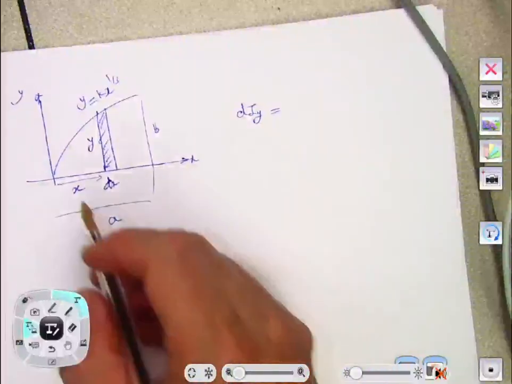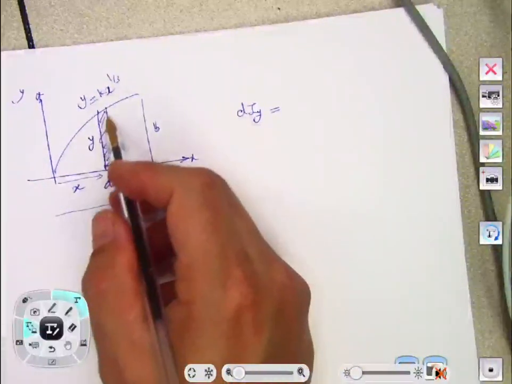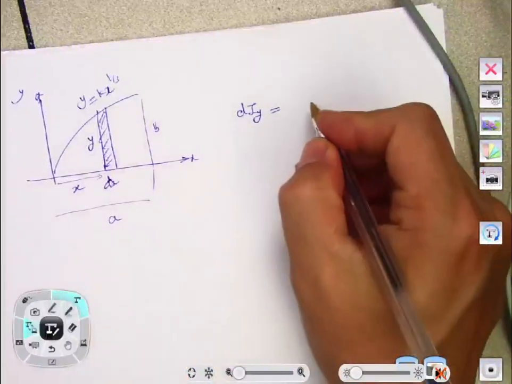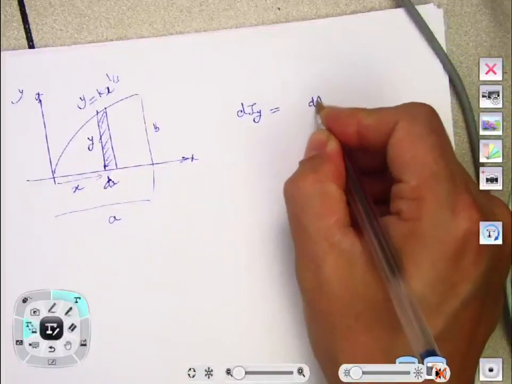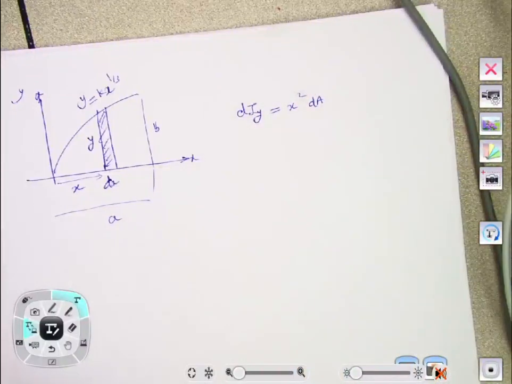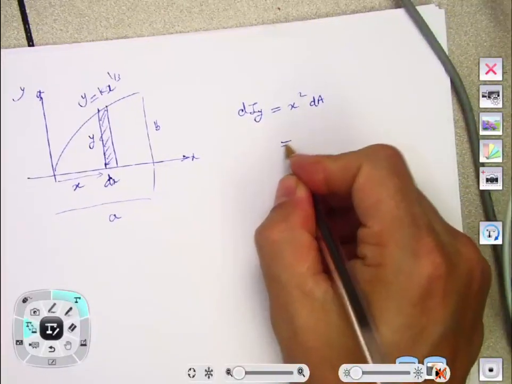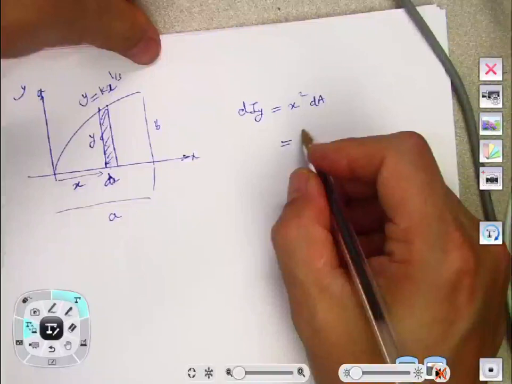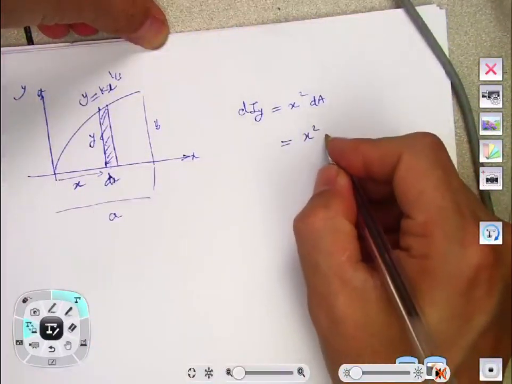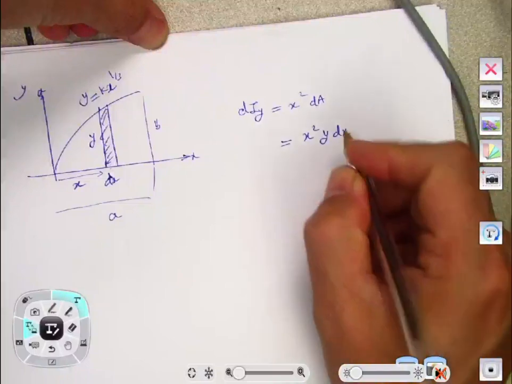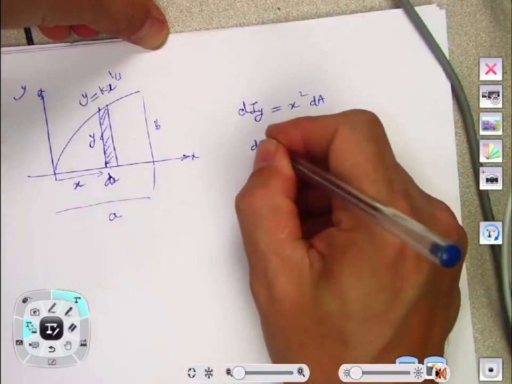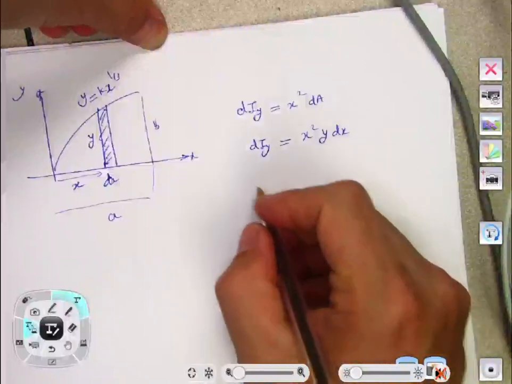So by definition, the moment of inertia of this narrow differential rectangle about the y-axis is whatever the area is times its distance squared. So then, what was dA? dA is y dx. This is the right dIy, and then we take the integral of both sides.